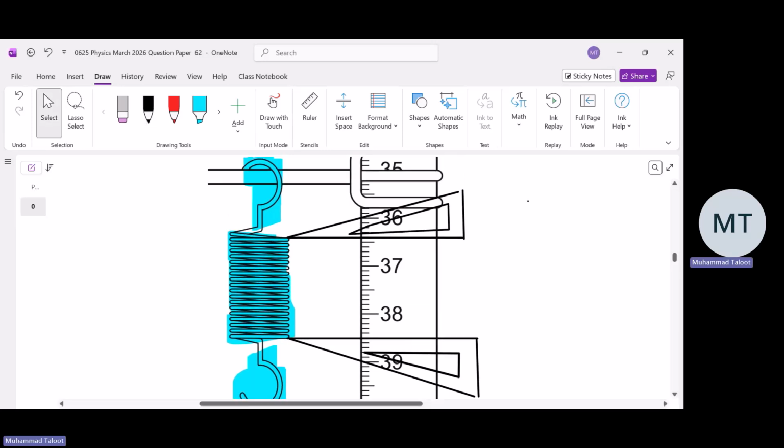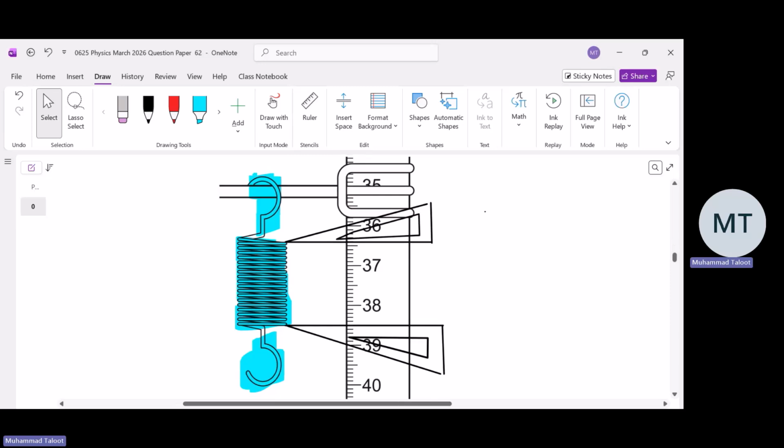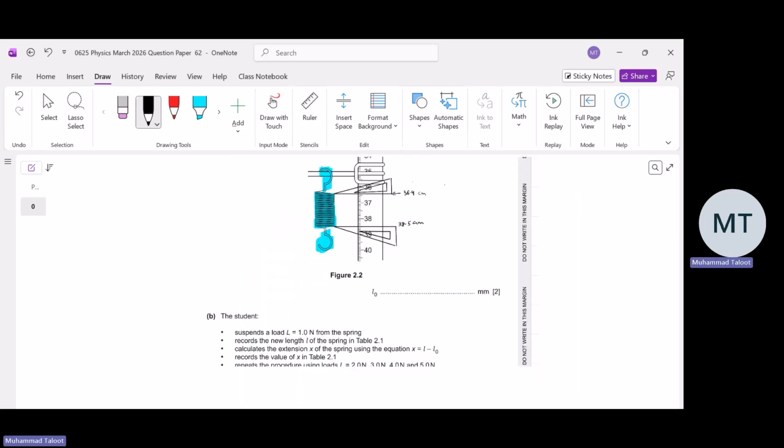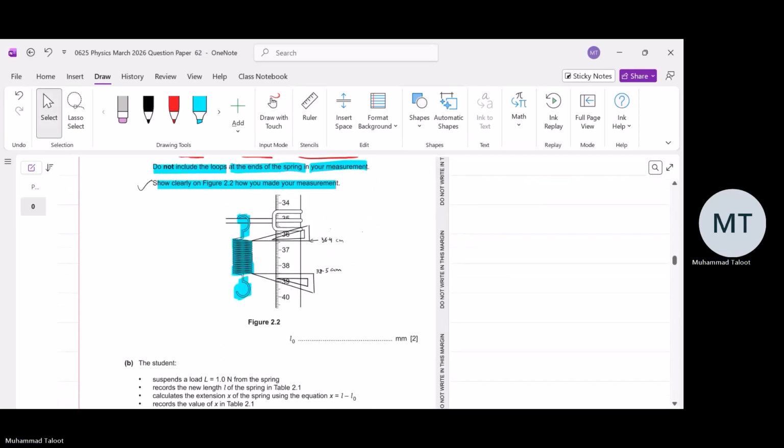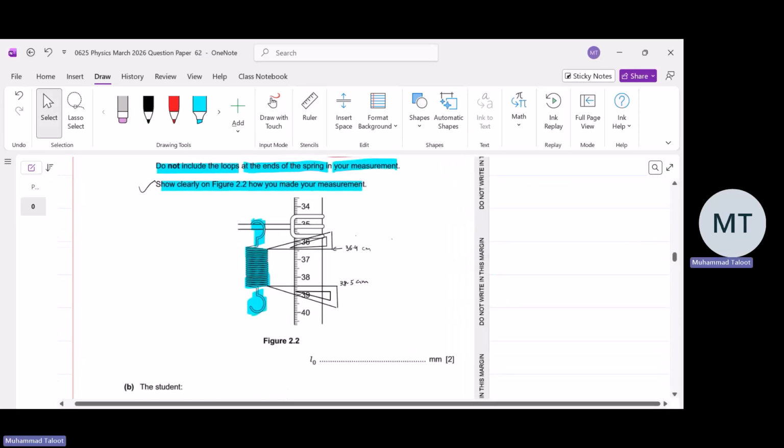So what is this value? You have to be very careful because some values are hidden. This is 36.1, 36.2, 36.3, this is 36.5, so here I am having 36.4. And this value is going to be 38.5. These are in centimeter. So what will be the measurement of this length?